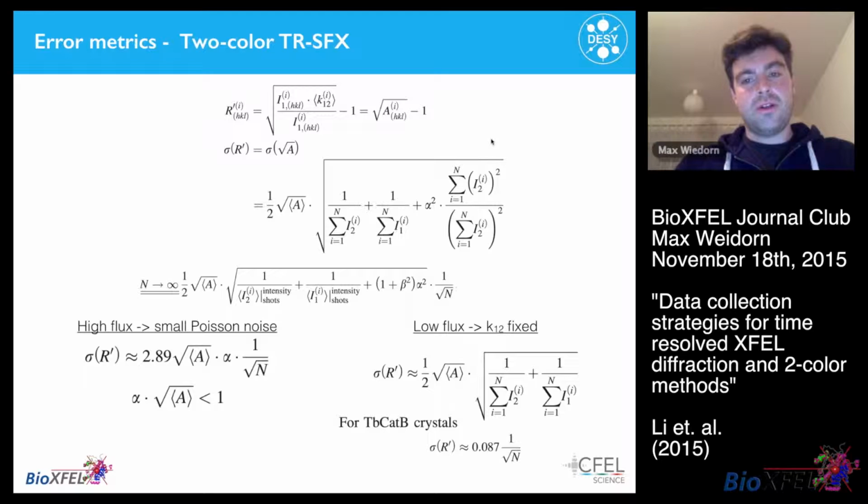And the third summand under the square root is essentially how stable is your K. So how stable is your intensity ratio between the two shots. And then the authors considered two different modes.